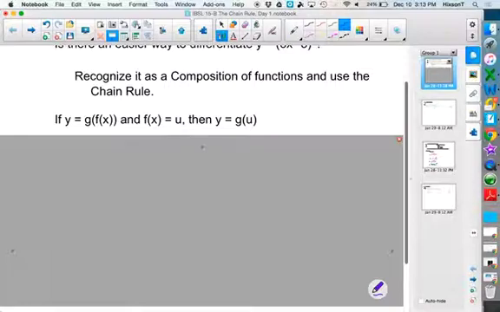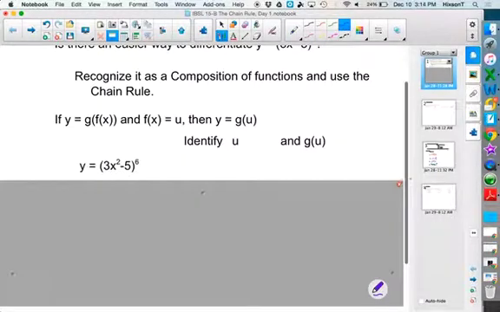So f of x is u, and then we just have a g of u instead. Okay? Now, in the function that we just looked at above there, notice u is this inner function.